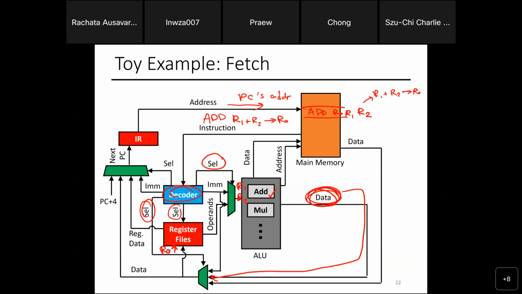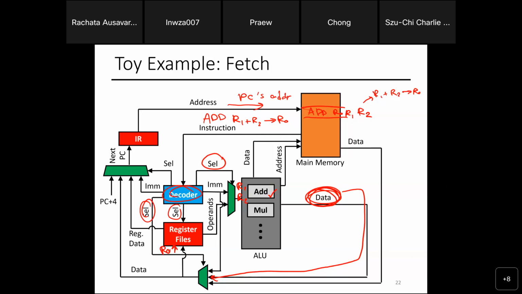Select R0 as a destination, and make sure it's passed through from your adder. Now, that's it. I am done with the adding. R0 has the updated value. What's the next step? What's the last step here?